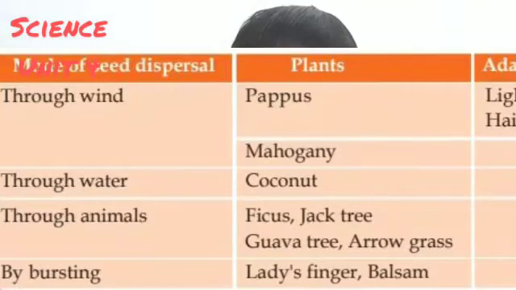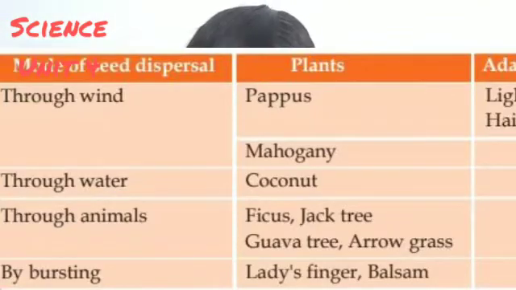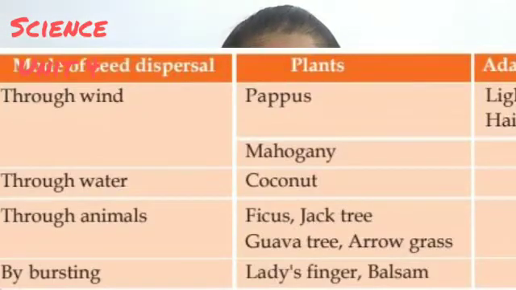So there is an activity in your textbook, that is a box, which tells us how the seeds are getting dispersed. So let's see that, children. All of you look into the activity. Yes, you can see the first activity, the mode of seed dispersal, plants and adaptation. First one, through wind.